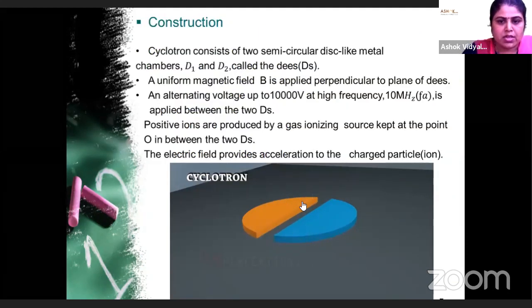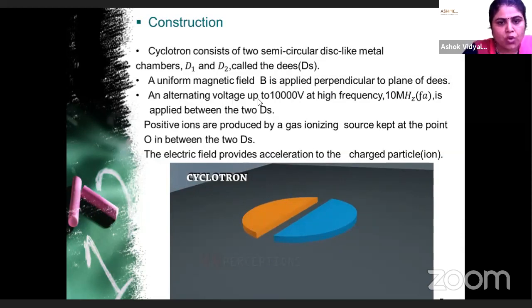Now see the construction. The cyclotron consists of two semicircular disc-like metal chambers, D1 and D2, which are also called the Ds, like this D1 and D2. A uniform magnetic field B is applied perpendicular to the plane of the discs.